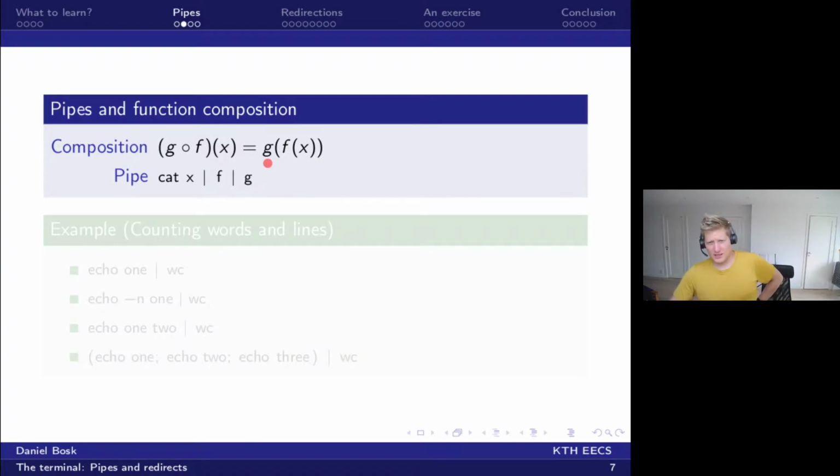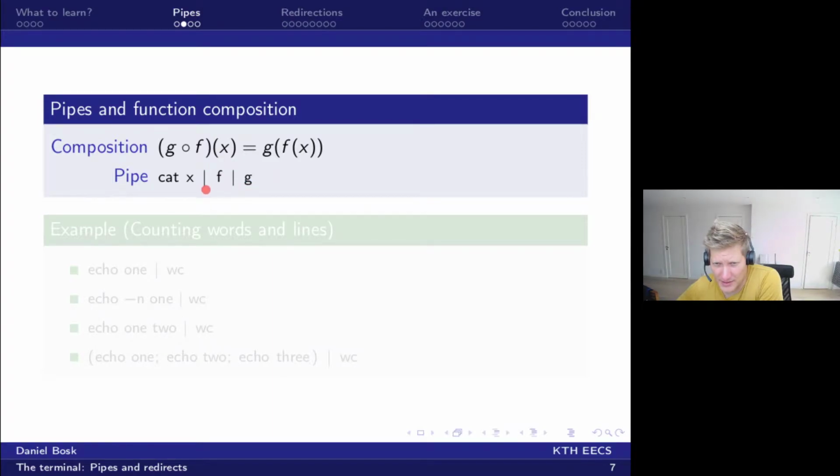The idea is the same for pipes, but the pipe way of writing it is that we print whatever input we have. So the x might be a file, so we print the contents of it, and we send that content as input to the function f here, which then does something with it. The function f outputs a result, which is then sent as input to the function g here.